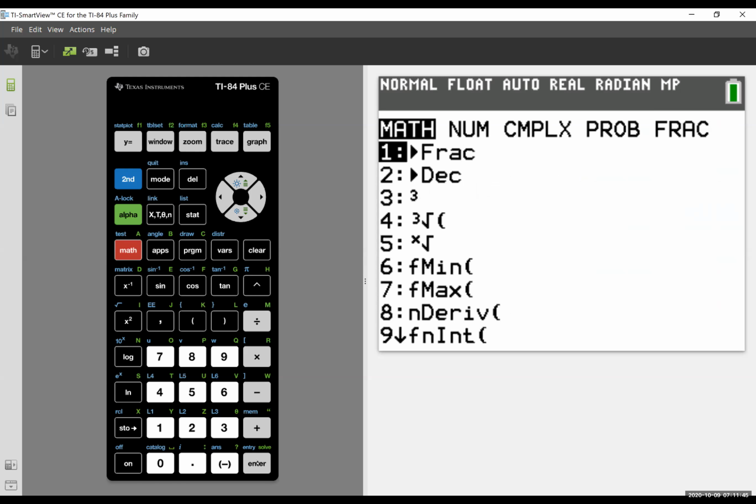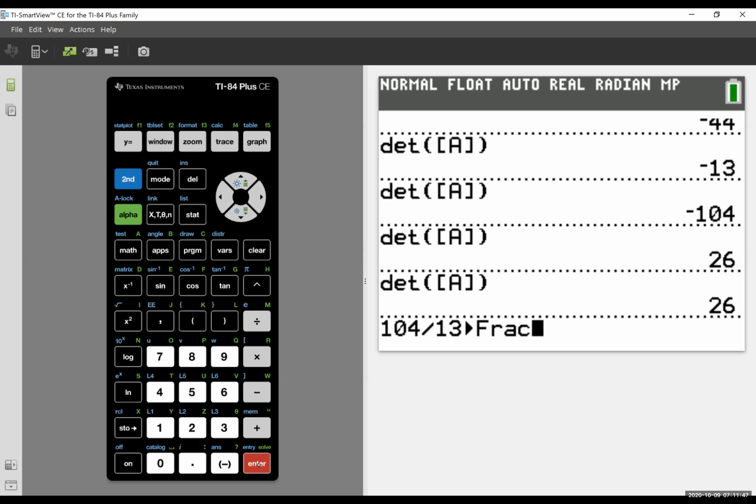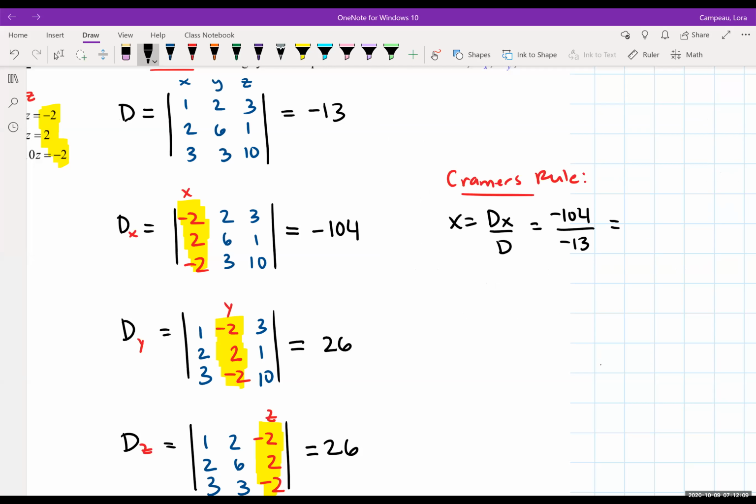So math, item number 1, press enter, and oh, I could have just done the division because it is a nice integer. So that's actually equal to 8. Look at that. So let's go back, record that. So x value is actually equal to 8.